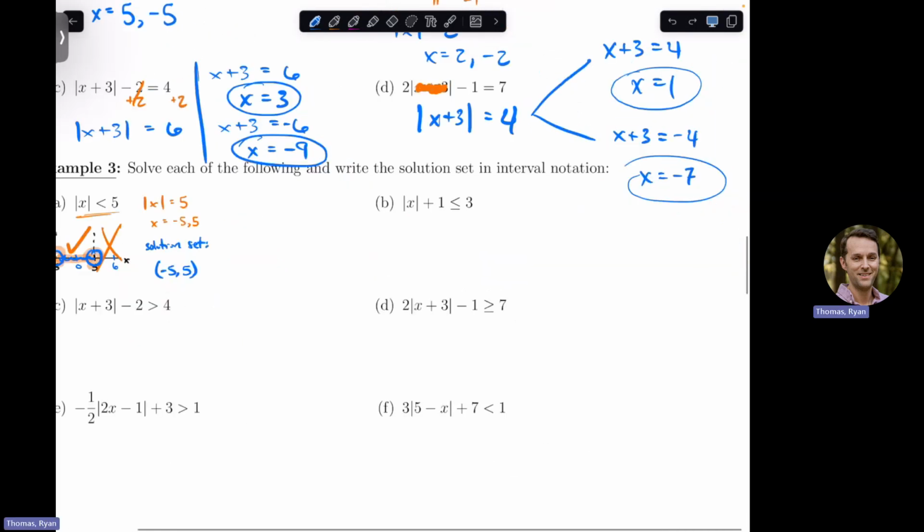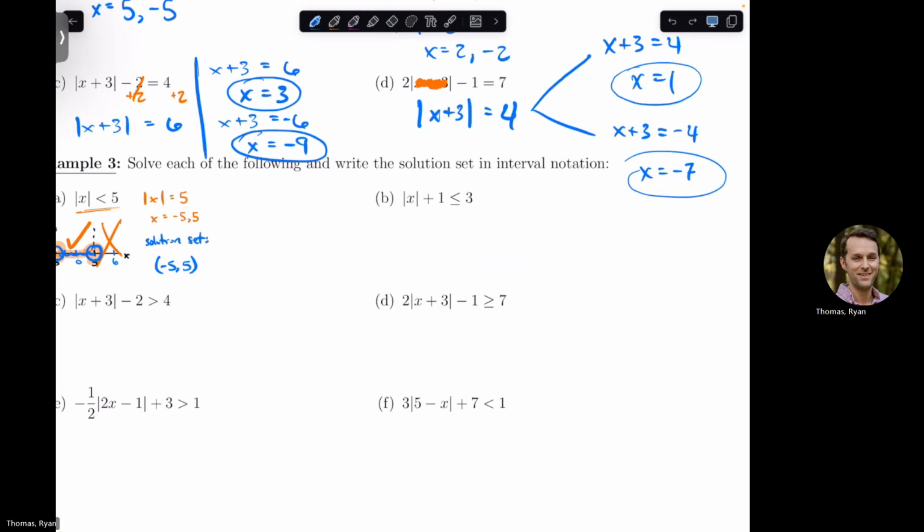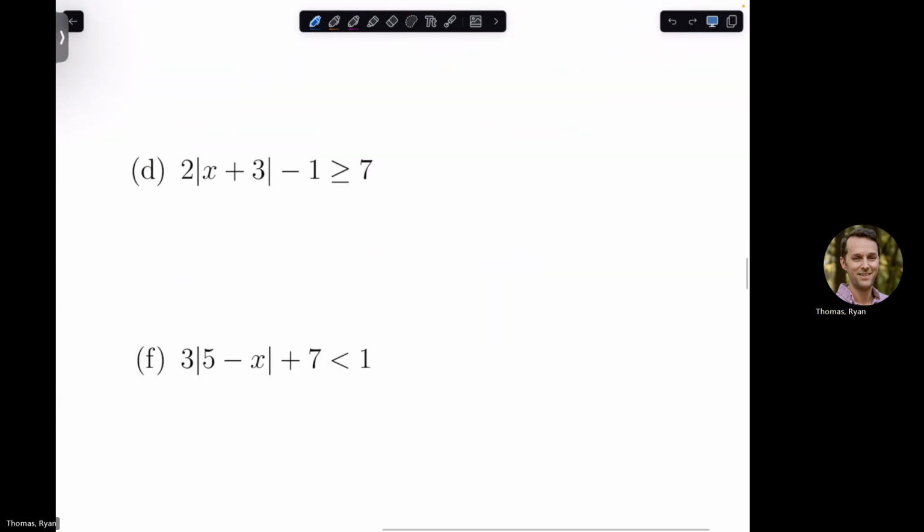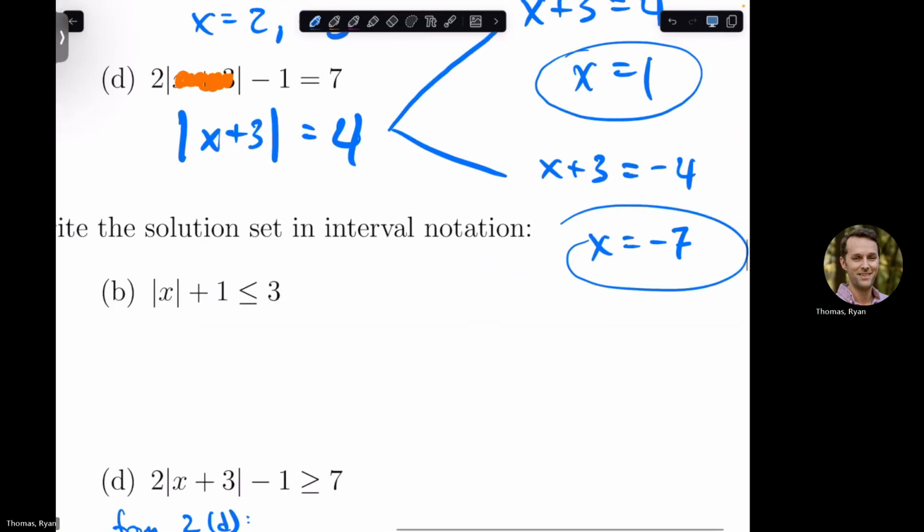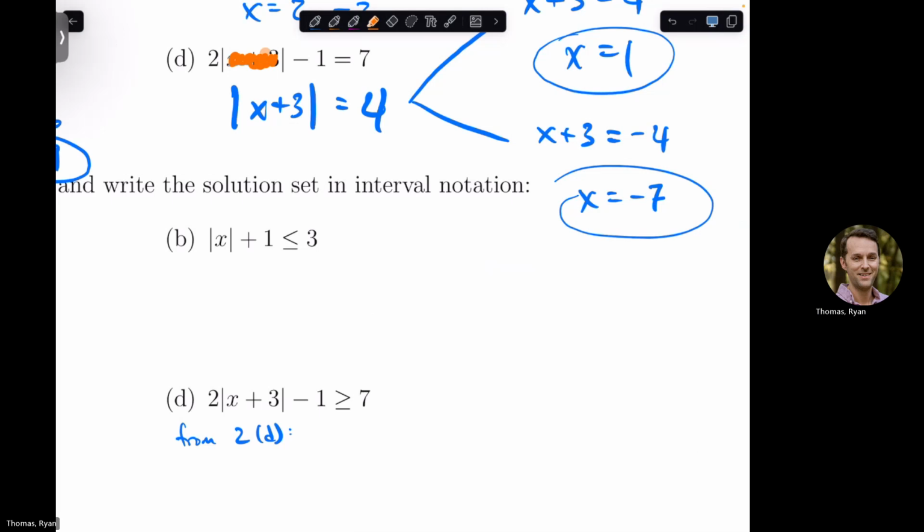We already did skip around a little. Talk about D first. This is the same statement as part D in number 2, with an inequality rather than an equality.